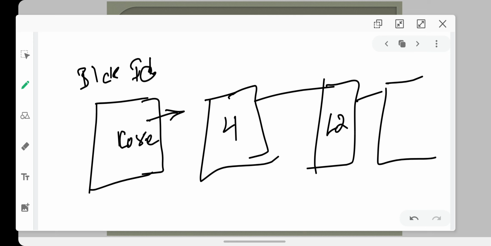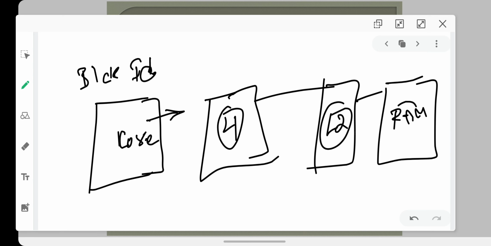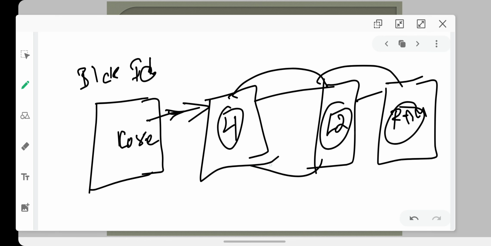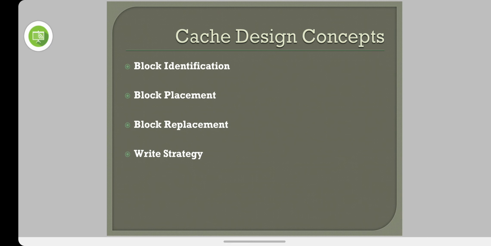It may be in the main memory, or it may not be. It may be here, or here, or here. All these memories are mapped to each other. This is one concept on which the cache is designed, and this is where block identification comes into the picture.